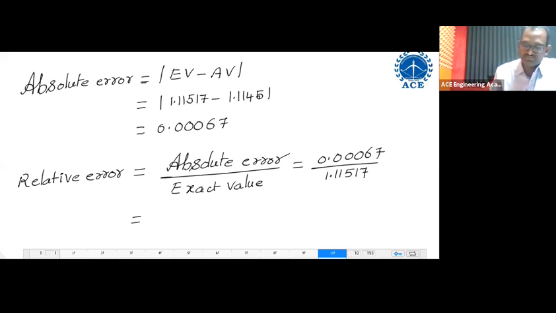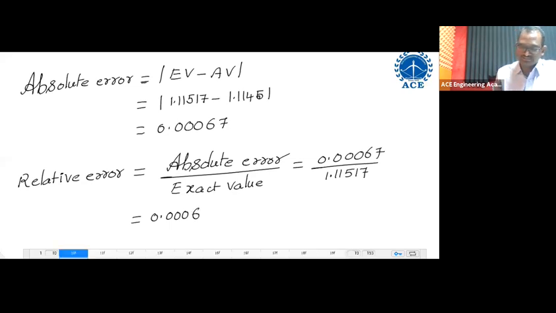What is this value? 0.000583. What is the answer? 0.000583 or 0.0006, okay. 0.000583 is also correct. No issue.